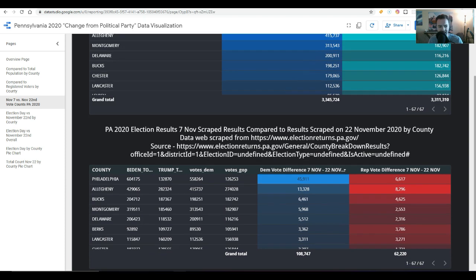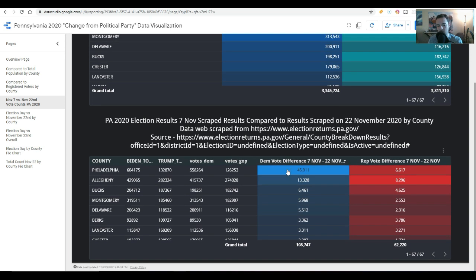And then what I did was I took those November 7th results and then I compared them to the 22nd November results. So what we're trying to see here is the difference in gain after the election from the 7th of November to the 22nd of November. So we're just trying to see those two snapshots of time and how much the gain was.